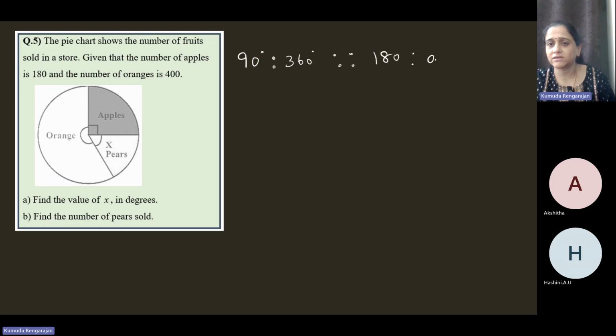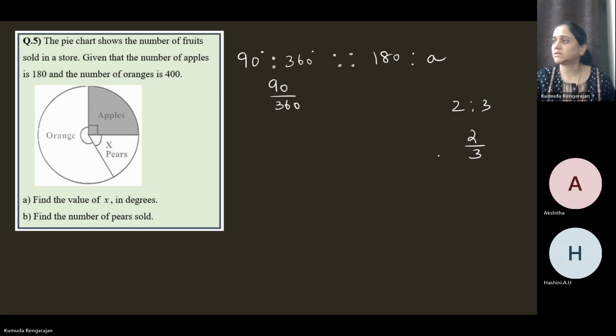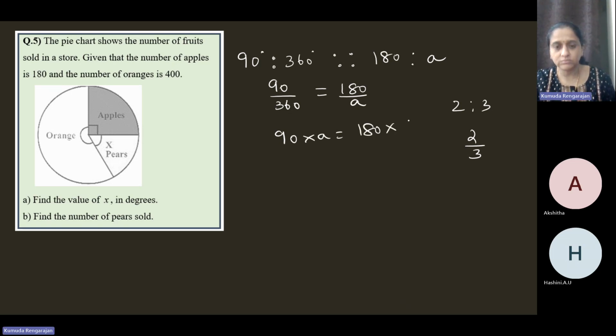Let that be A. So 90 by 360, 'is to' means division. See, if I say 2 is to 3, it means 2 by 3. 'As to' means equal to 180 by A. So cross multiply: 90 into A is equal to 180 into 360. A is equal to 180 into 360 by 90.